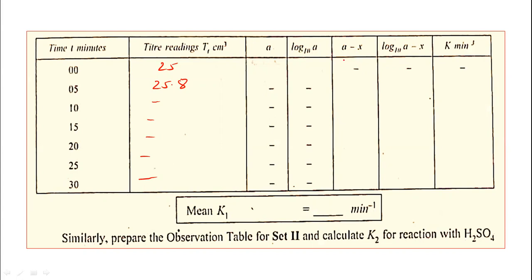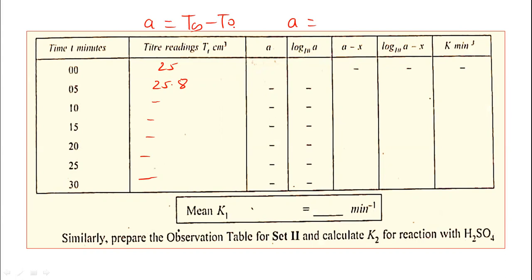So in this case, we have to find out the initial concentration A. This initial concentration A can be found using the T infinity reading minus the T0 reading at zero time. A is equal to T infinity minus T0.